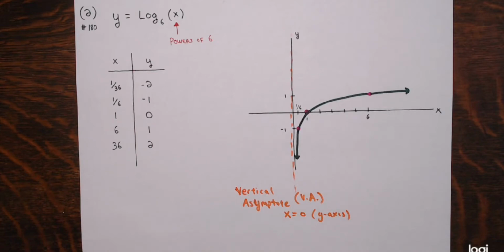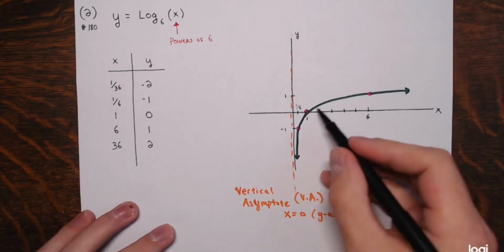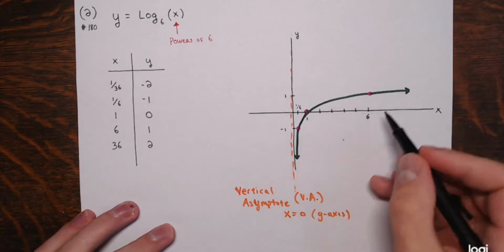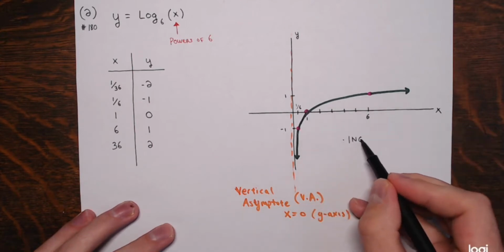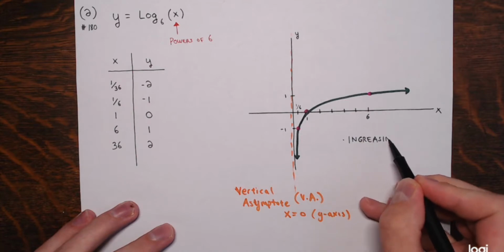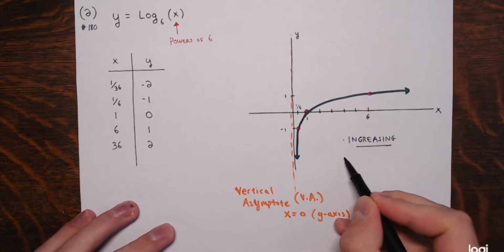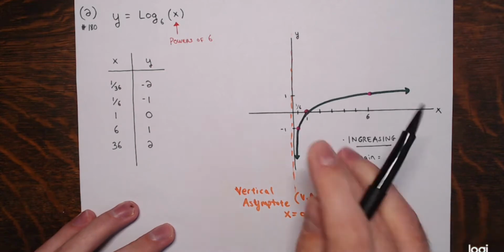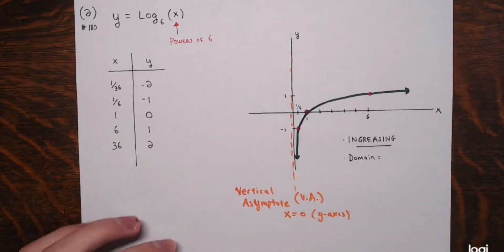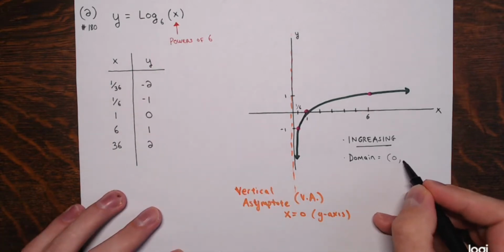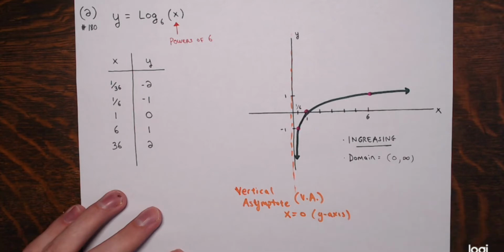And again, we have an increasing function. As the input increases, the output also increases. So we have an increasing function. Once again, the domain is positive numbers only. I can only plug in positive numbers for x, so from 0 to infinity, but not including 0.